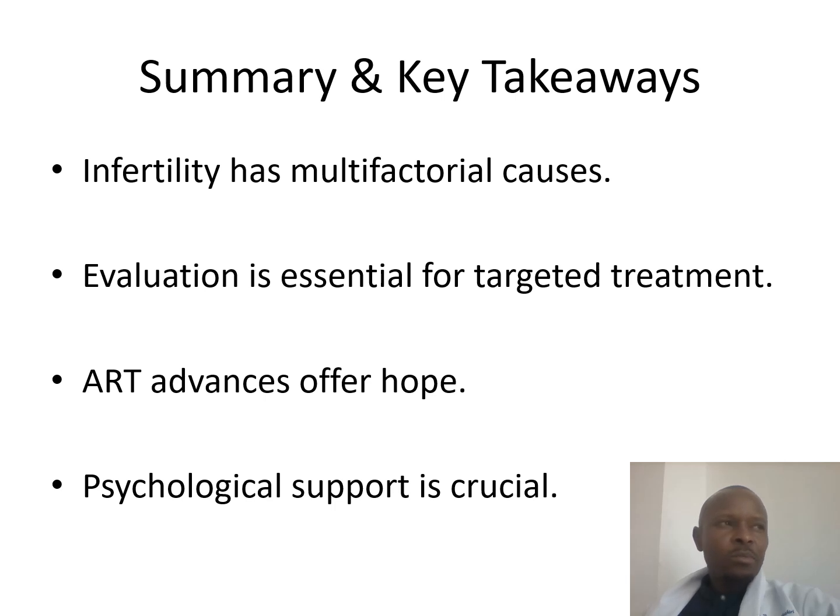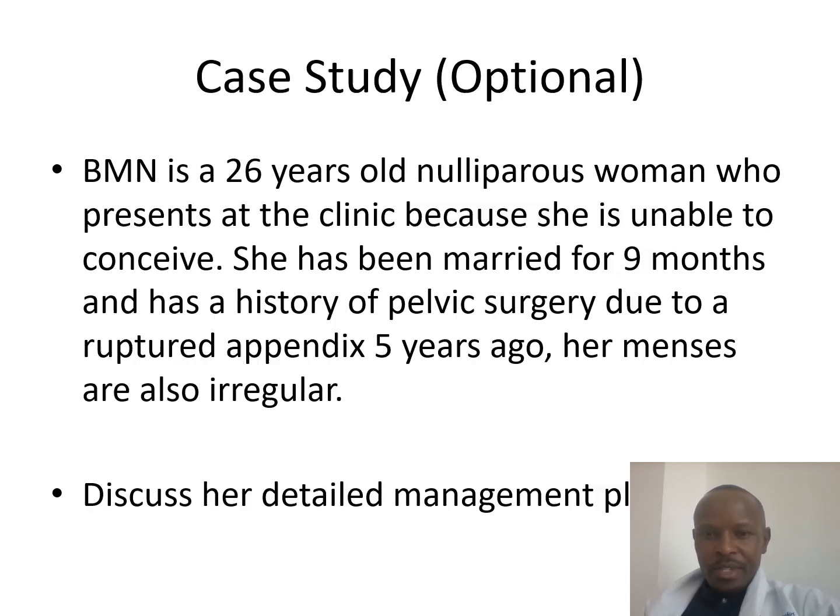One common problem we face is finding somebody with tubal blockage being offered ovulation induction, and probably they have no issue with ovulation. So making the right diagnosis is key. Doing the right thing after doing the diagnosis is important, and always remember the psychological support.